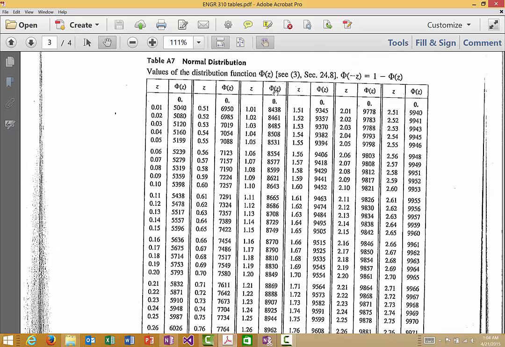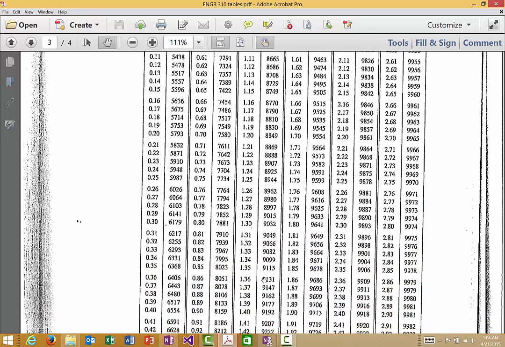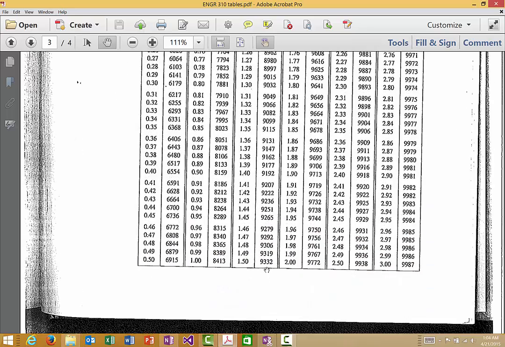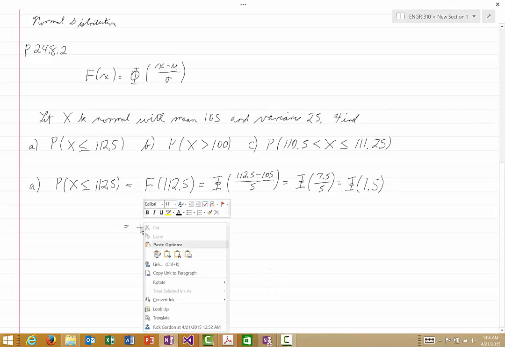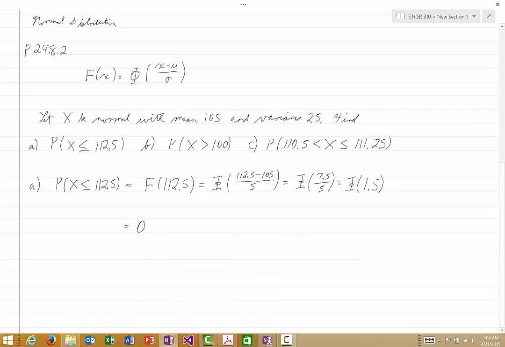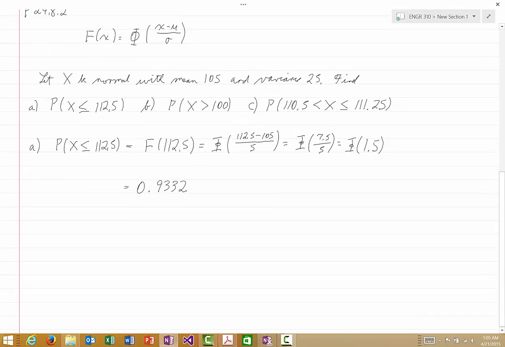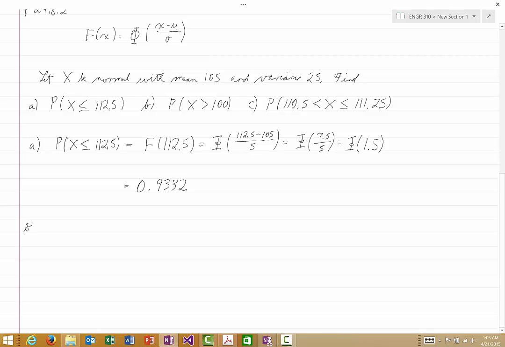At the top of that column, we have the 0 point, so this should be 0.9332. That is the probability for this x that it assumes a value less than or equal to 112.5. So that's very simple.